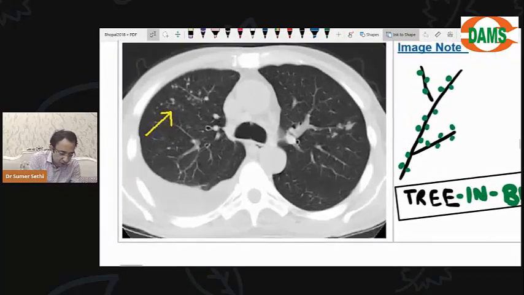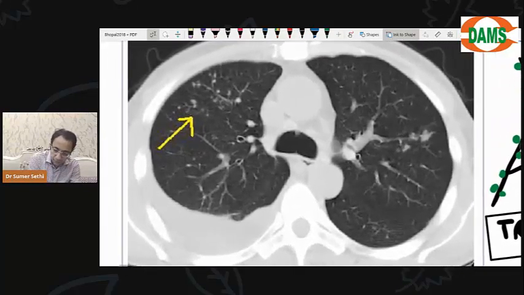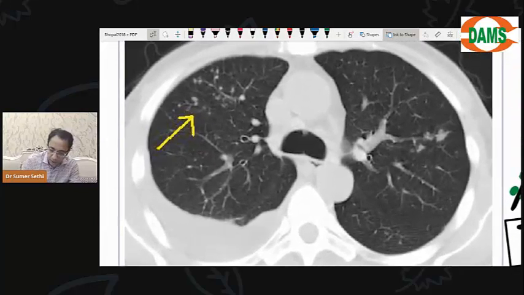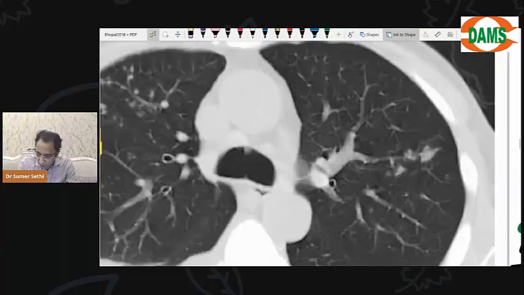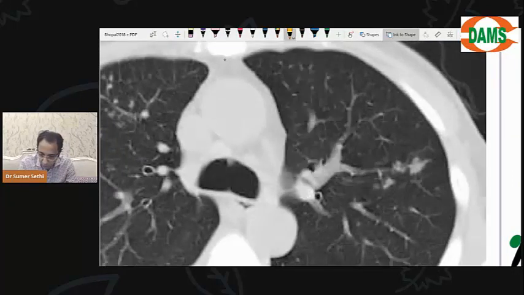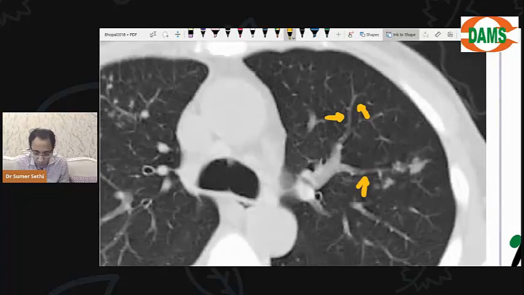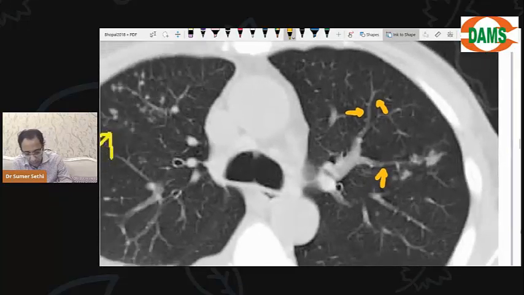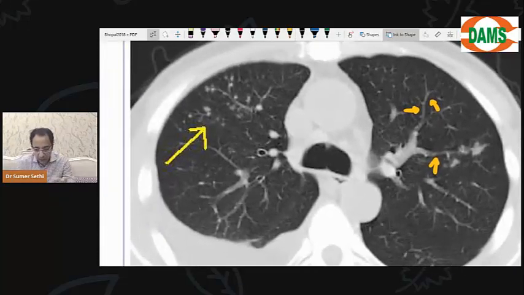Now I want you to see the CT scan again. In these lungs, this is how the normal dividing bronchovascular marking should look like. Now look on the other side.